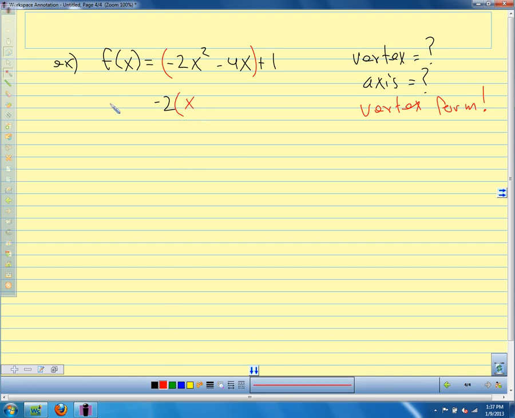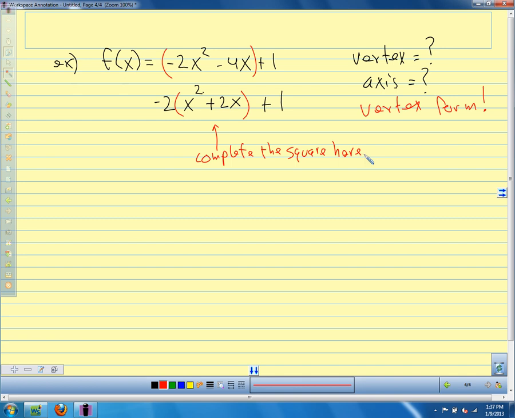This is x squared, and when I factor negative 2 out of the negative 4, I end up with a plus 2x. And I still have this plus 1 on it. Now I'm going to complete the square on this red parenthesis.